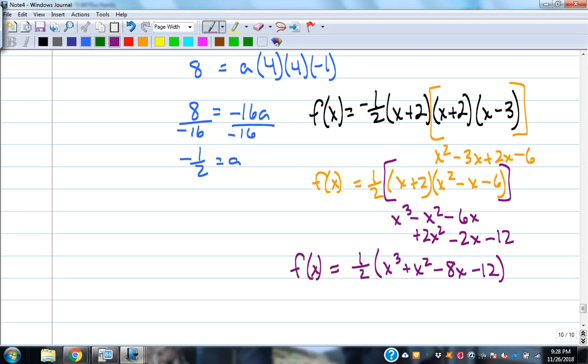And the last and final step, distribute the -1/2 that we had there. That was a -1/2. I dropped the sign somewhere along the way. -1/2 x cubed, -1/2 x squared, positive 4x, positive 6.